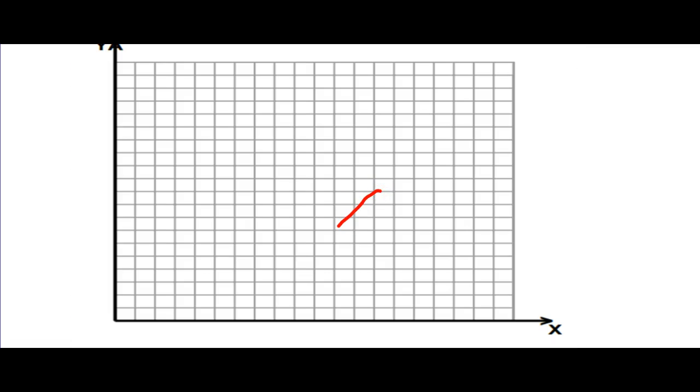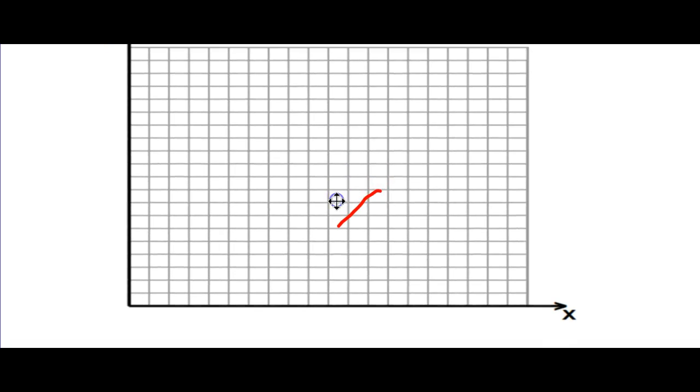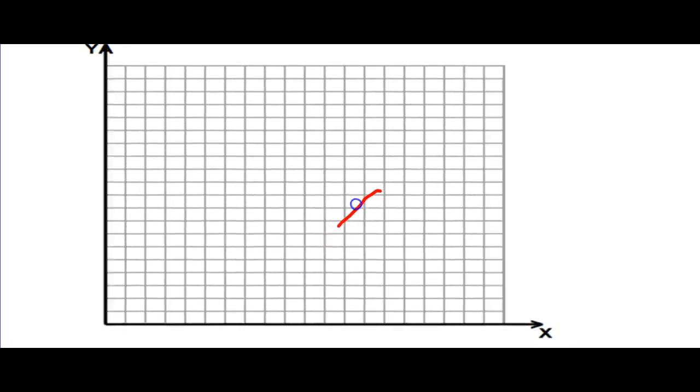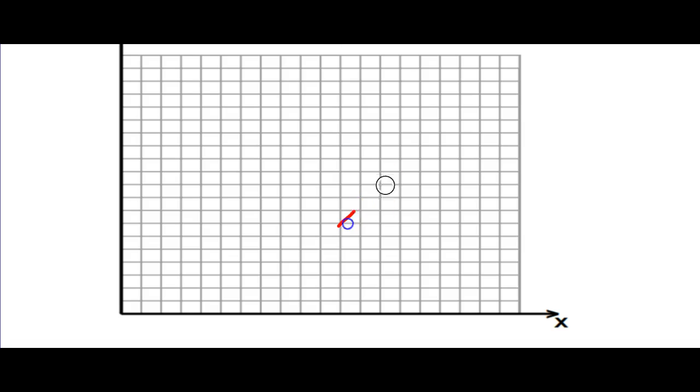Hold on 1 second. There we go. We're going to put rule A at the bottom and rule B at the side.